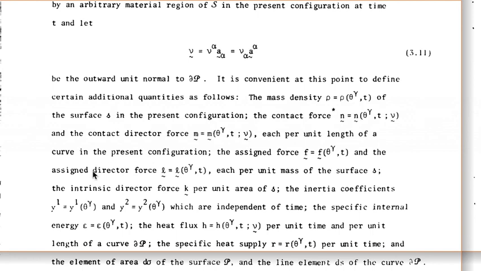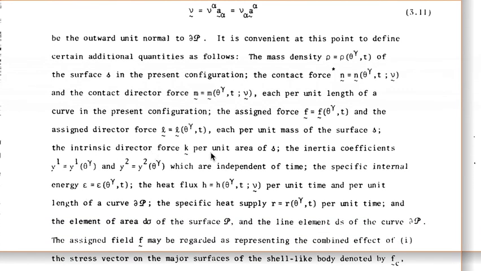Then there is one more assigned force and assigned director force. So in all the forces which they are considering, they have a parallel connotation with respect to the director also. So this is L, okay, we had one L over there also, but this is not that L. This is assigned, meaning something which is applied externally, and this is per unit mass of the surface S. And there is one more intrinsic director force K per unit area.